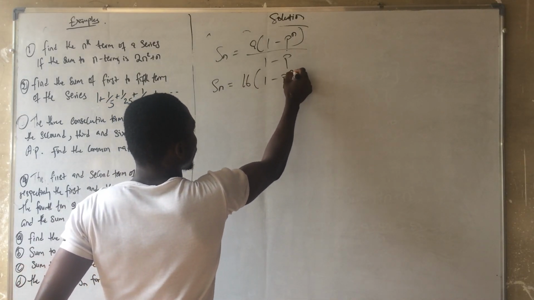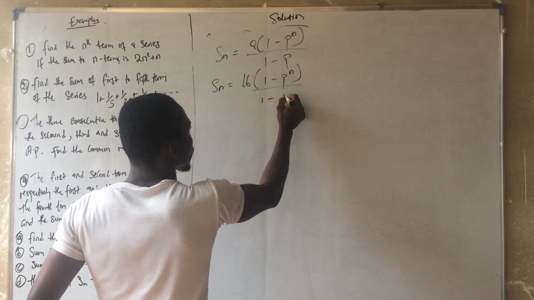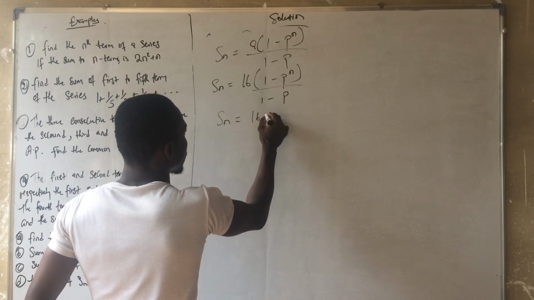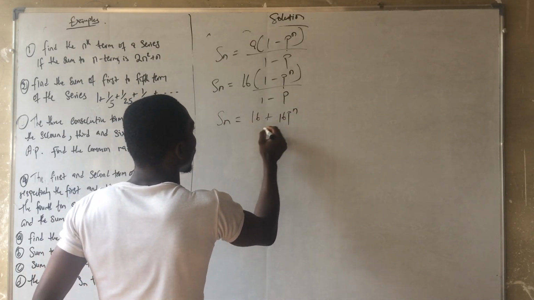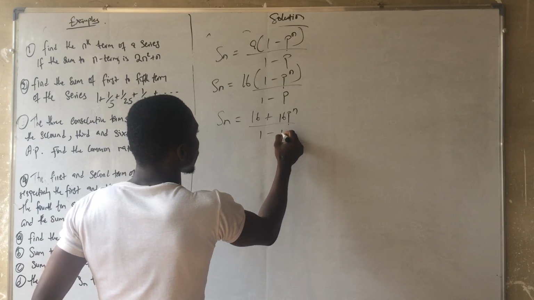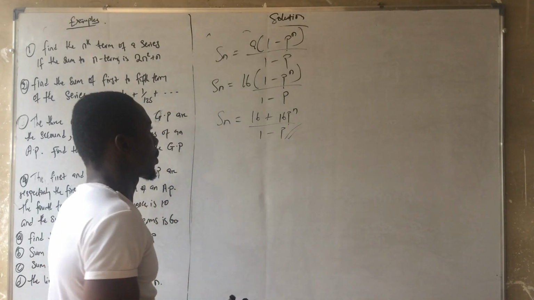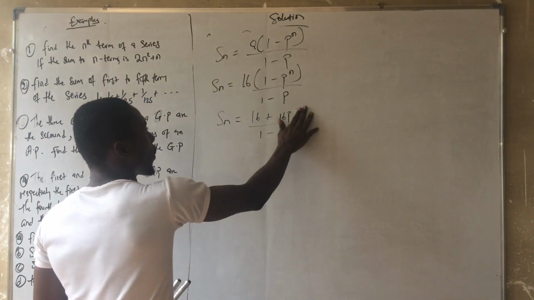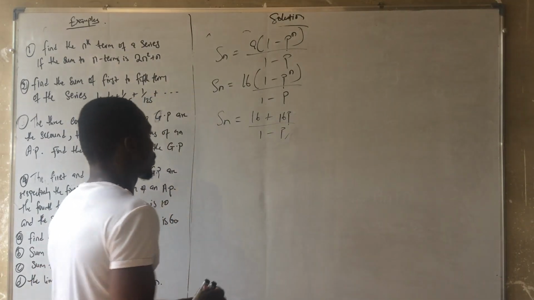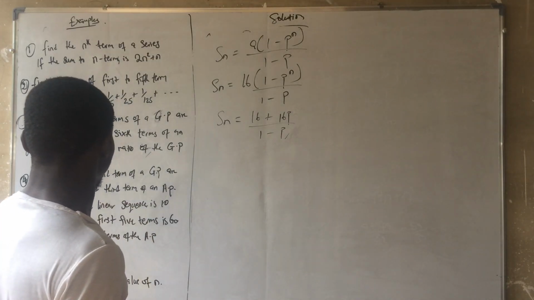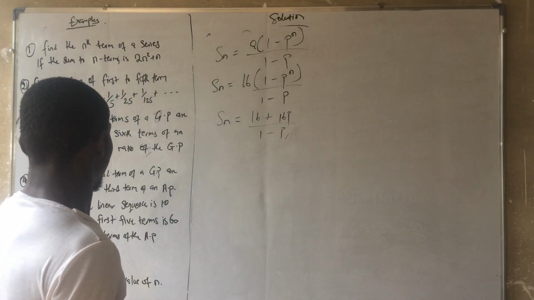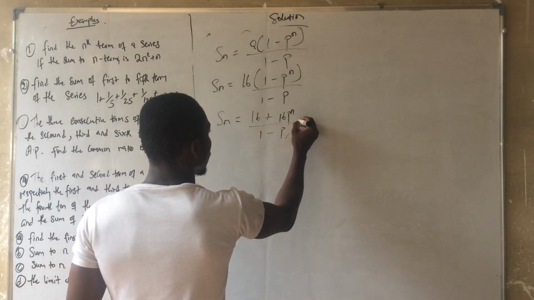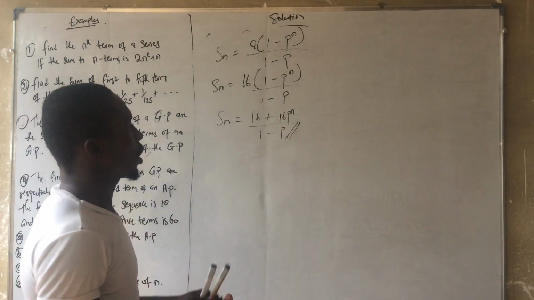Opening the bracket, Sn is equal to 16 minus 16 r raised to power n over 1 minus r. What is our r? Is our r minus 2? You can also leave it like this.